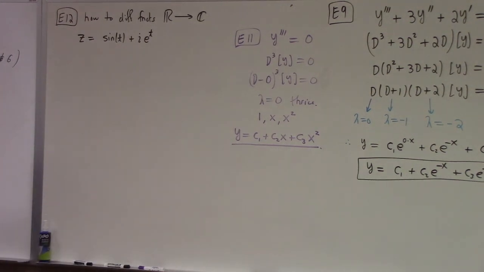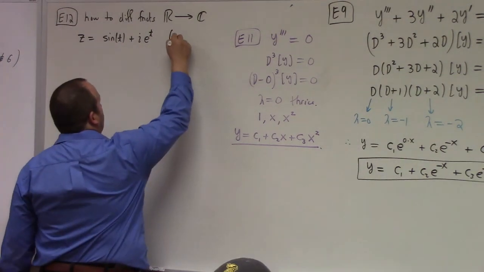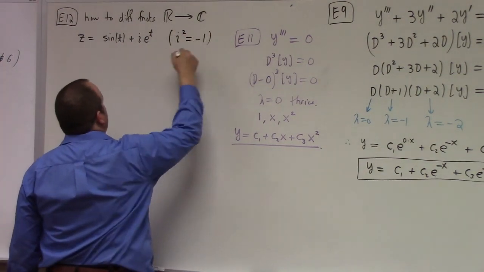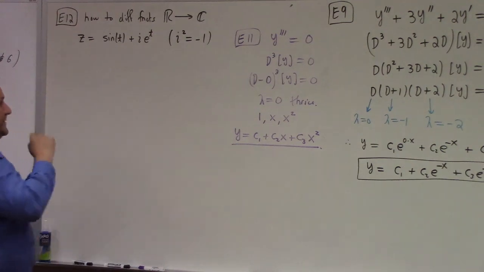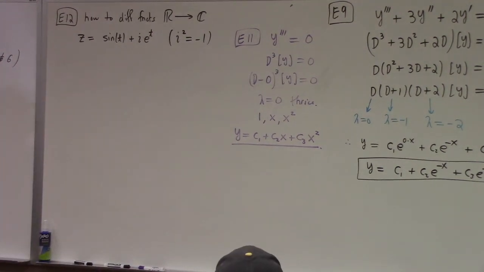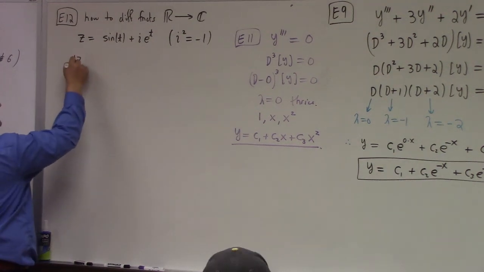Here, i squared is minus 1. So what we're looking at is a formula for a complex valued function of a real variable. How do we differentiate this? What does dz/dt look like?